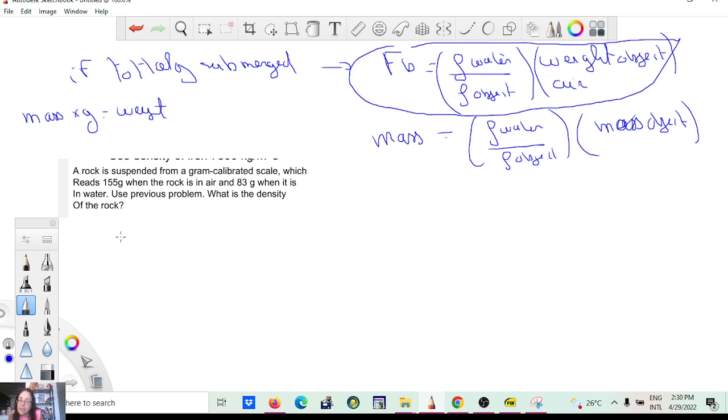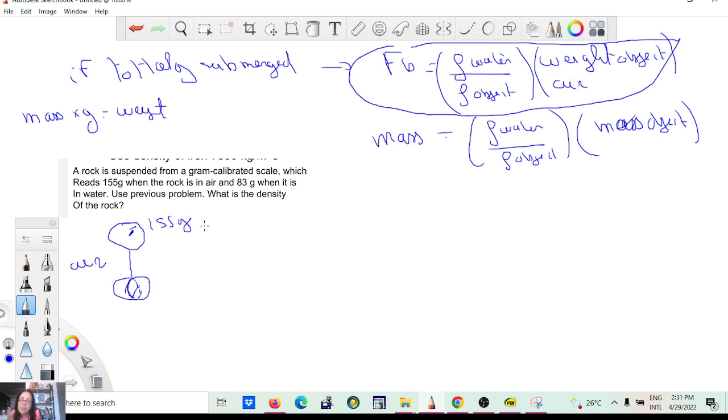They have a scale. Let's say you find a rock and you don't know what the rock is made of. You want to find its density, so you measure the mass of the rock in air, and let's say you find that the rock is 150 grams.